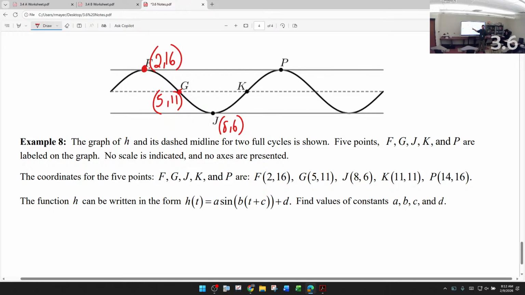Add 3, add 3, add 3, add 3. Subtract 5, subtract 5. Add 5, add 5.